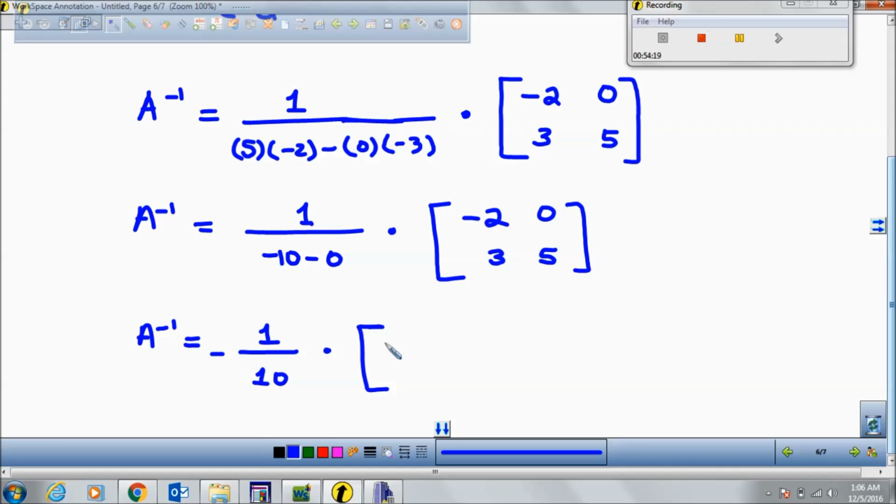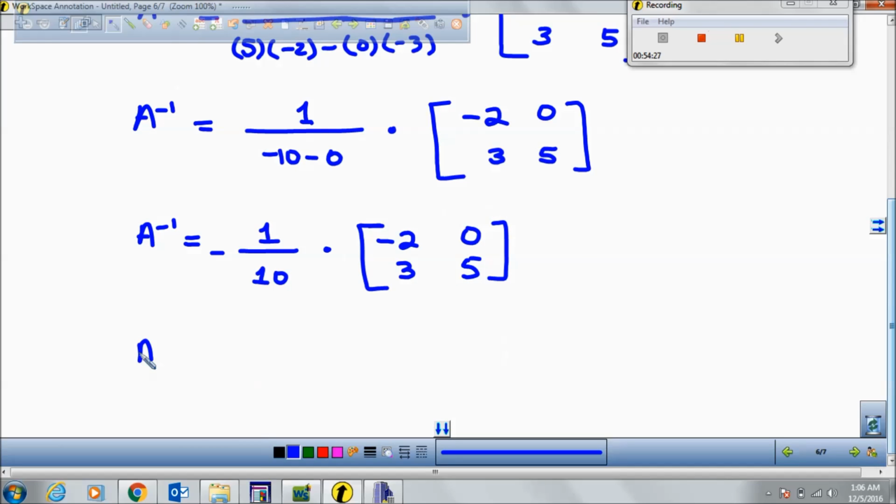And then you're going to multiply that by each of the values. So A inverse, negative 1 over 10 times negative 2, it's going to be a positive 2 over 10, but if you reduce that, that's going to be positive 1 over 5.